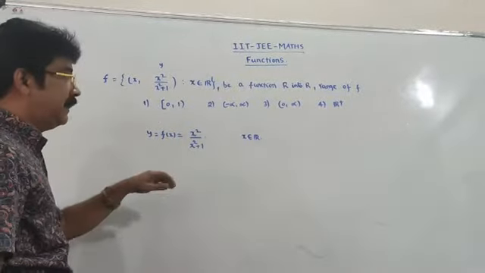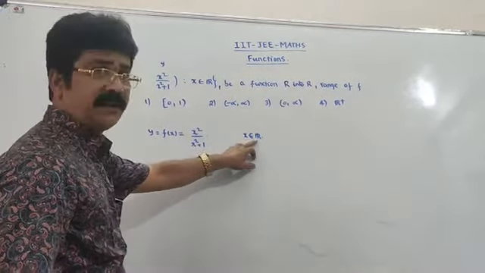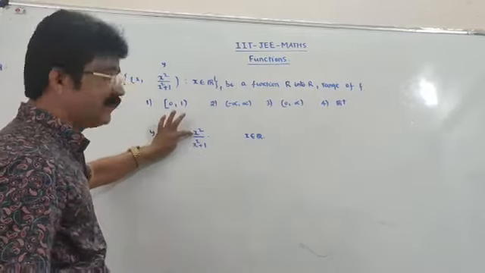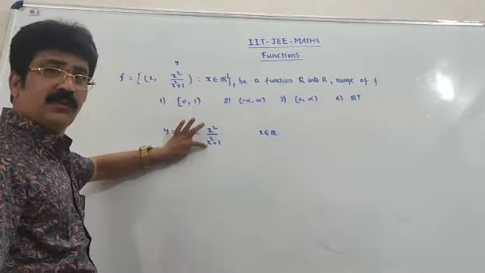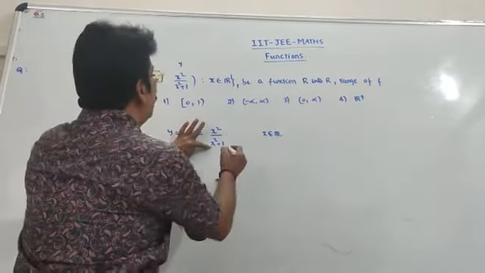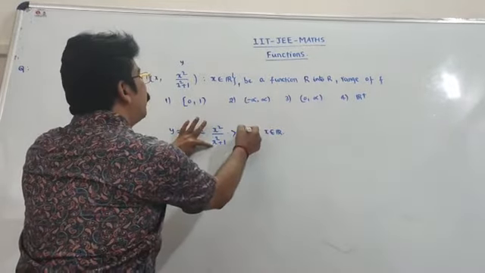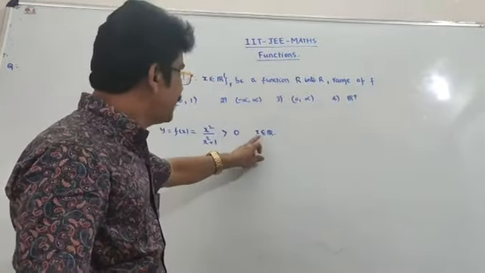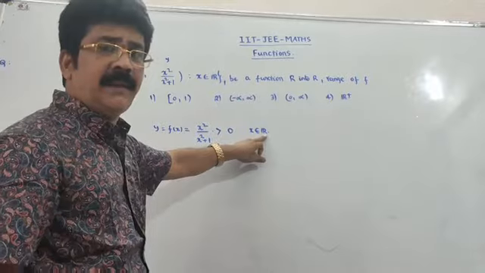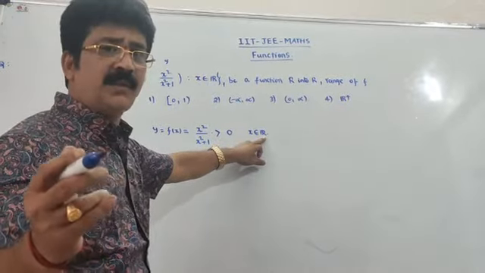So observe that for all x belongs to capital R, the numerator is x square, and in the denominator also an x square term is there. So it should be positive first. Next, you can ask me, sir, x belongs to capital R, no? That's why we can put x equal to 0 also.